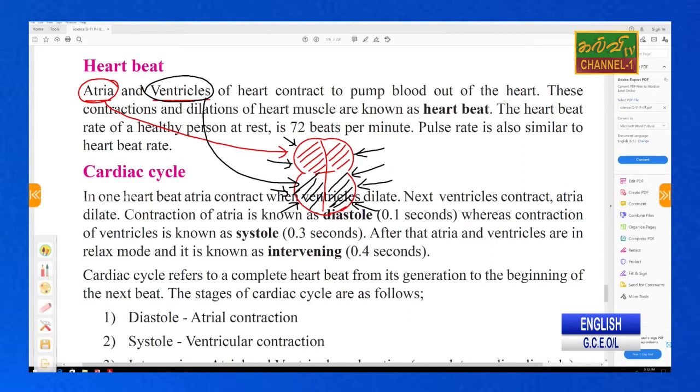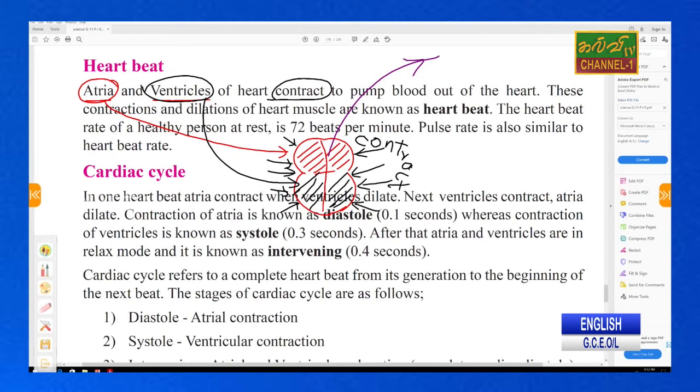Right? That is contract. Contract means here, it becomes a small one. Through the pumps now, then relax and contract to pump blood out of the heart. Yes. When it contracts, what happened? The blood will come out.